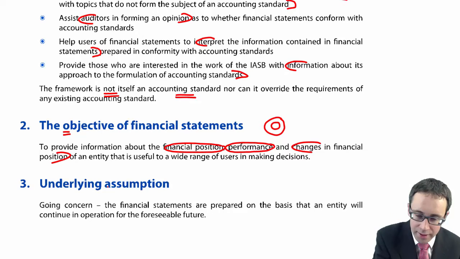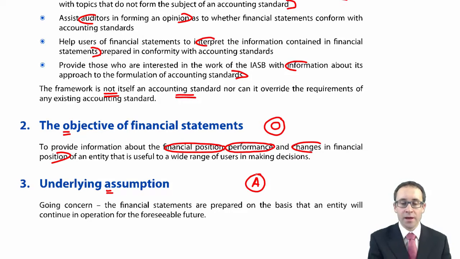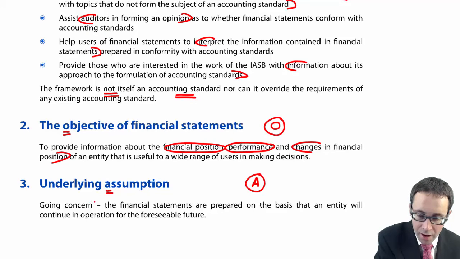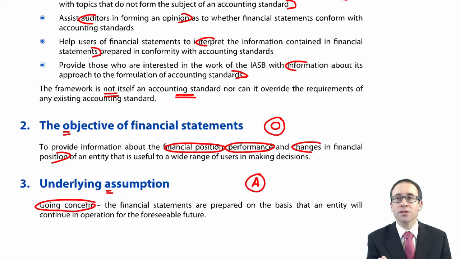The next one that we're going to look at is the underlying assumption, so that is A. Okay, and the underlying assumption when we prepare our financial statements, whether it's the position statement, the performance statements, or the changes in your financial position, is that they are prepared on the going concern basis, isn't it? Something we touched upon right at the very start of your CIMA qualification, wasn't it?